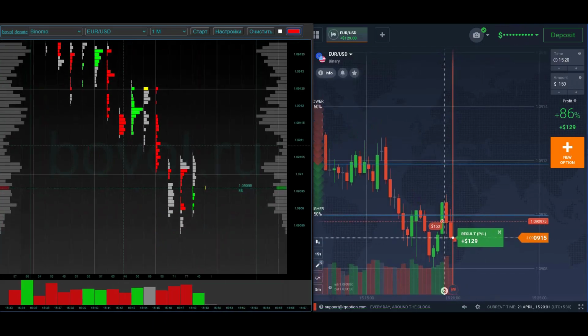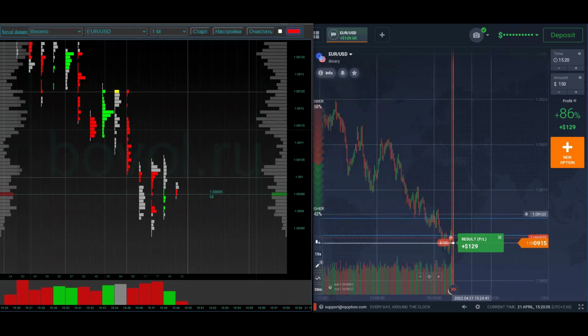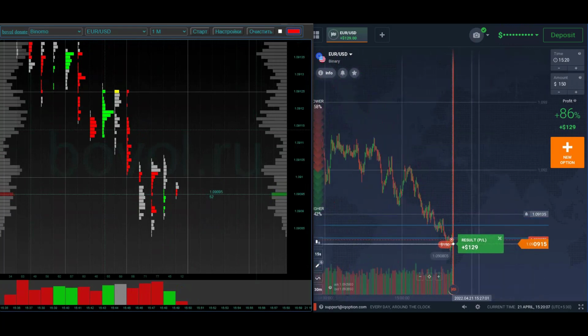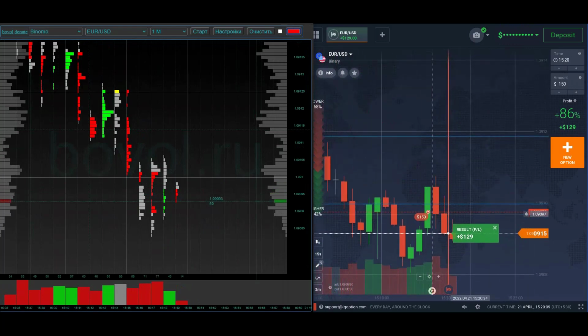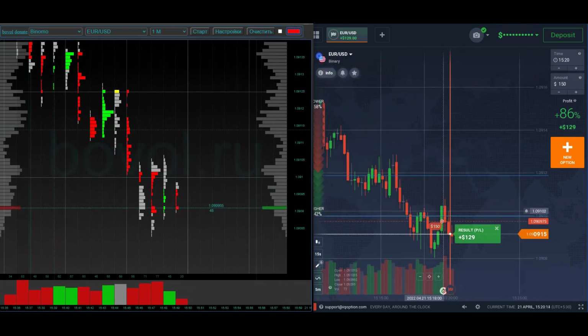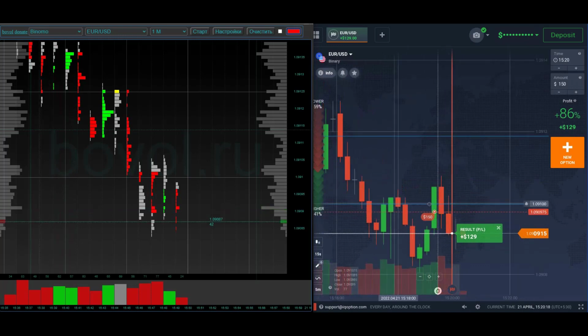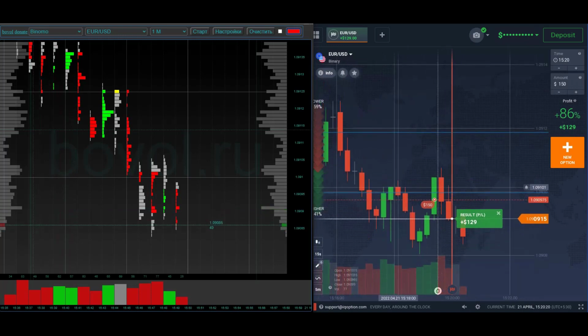Okay, now I'll explain why I placed my trade here. First of all, you can see the market is in a strong downtrend, and the market is making a new lower high.